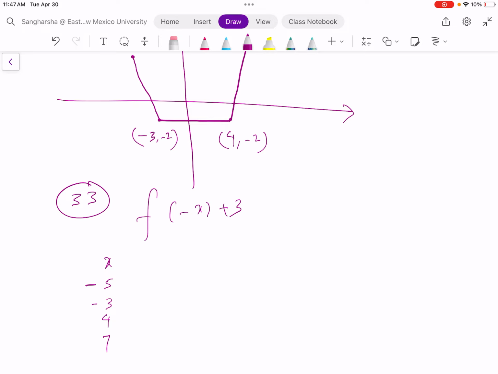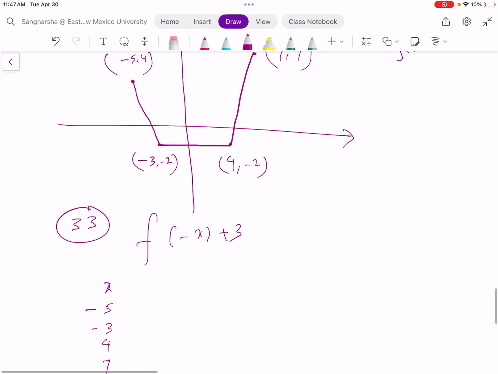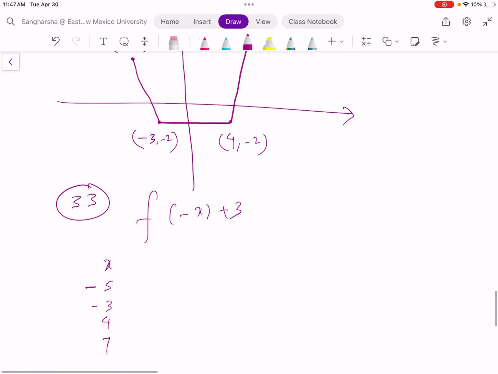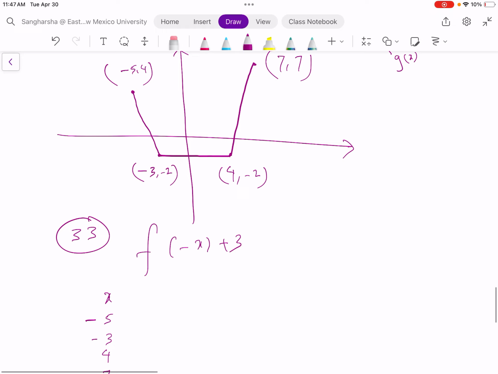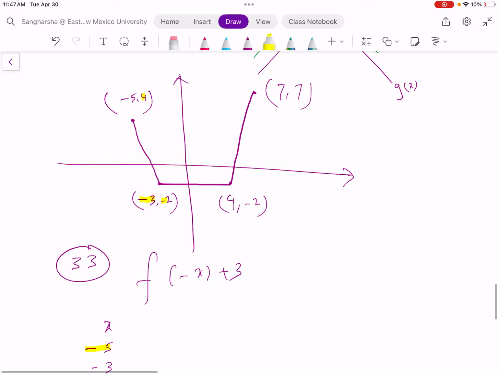When our x is -5, our y is 4, right? When x is -3, our y is -2. When our x is 7, y is 7. When x is 4, our y is -2.